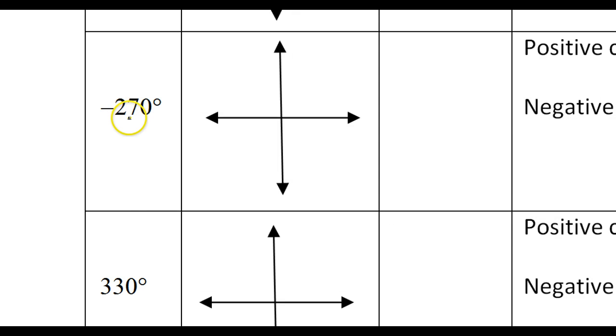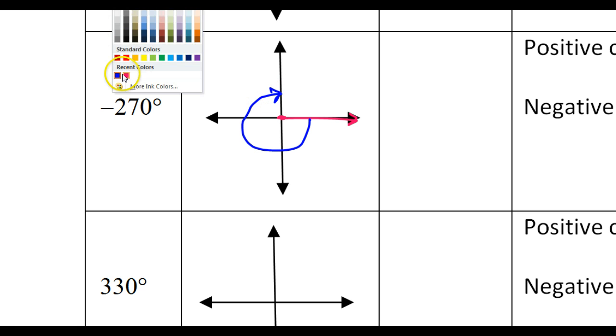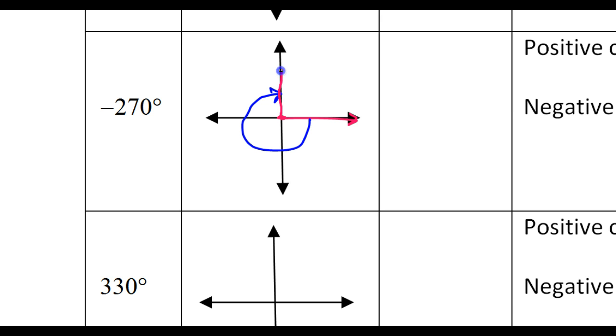All right, negative 270 degrees. So the sketch, there's our initial side, negative 270 degrees. So I'm going to be moving clockwise. There's 90, 180, and negative 270 would be right there. Okay, so there's your sketch.